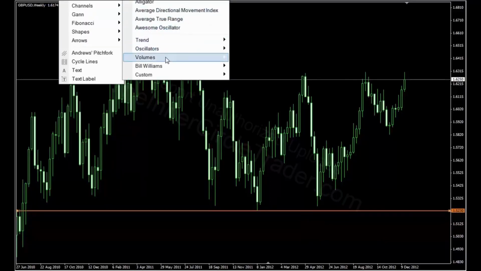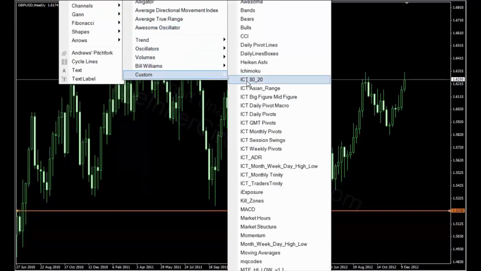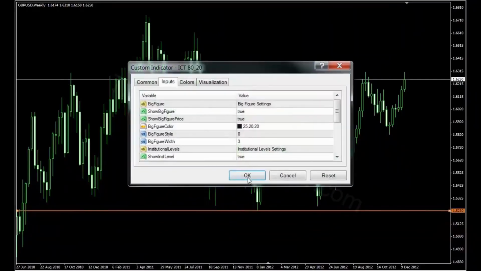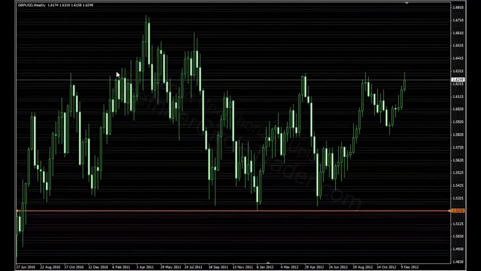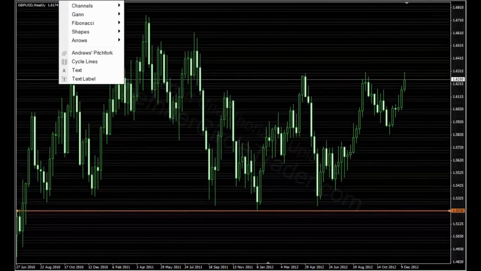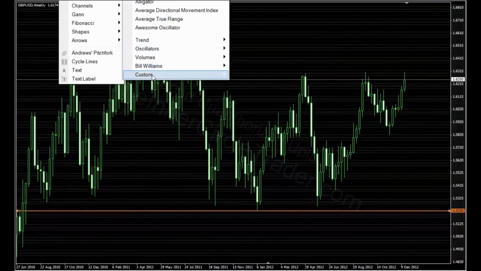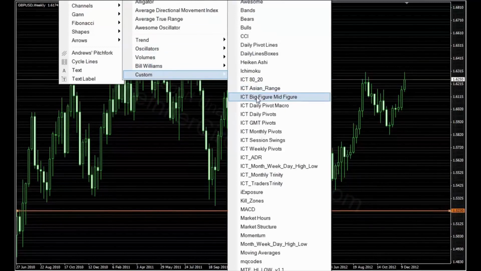levels that we're familiar with, the 80s and 20s. Okay, and we're going to introduce again the big figure and mid figure indicator.